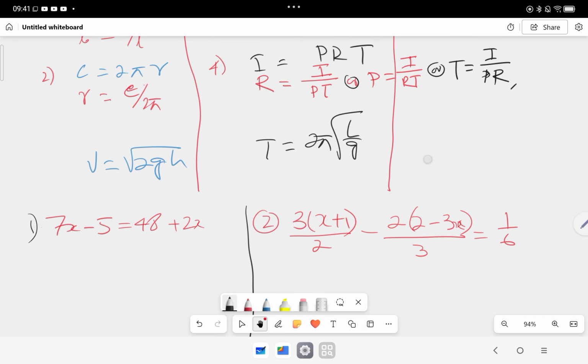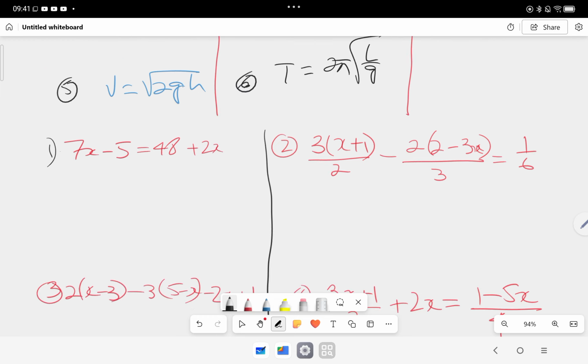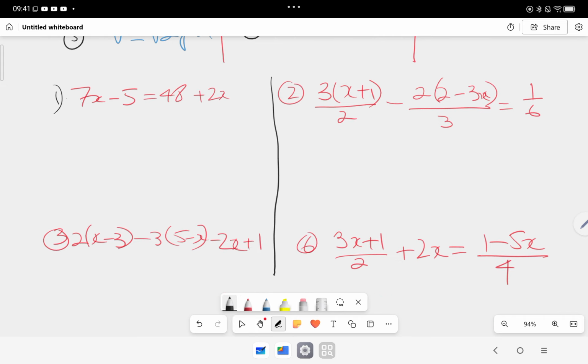I can have many examples like this one. You can try this, you can try that one, and also the other ones. These ones are the other examples.